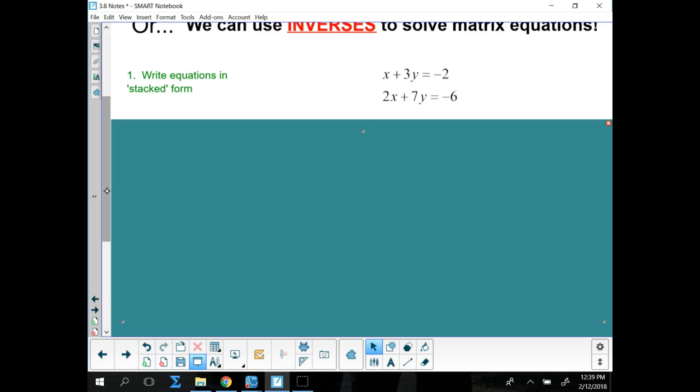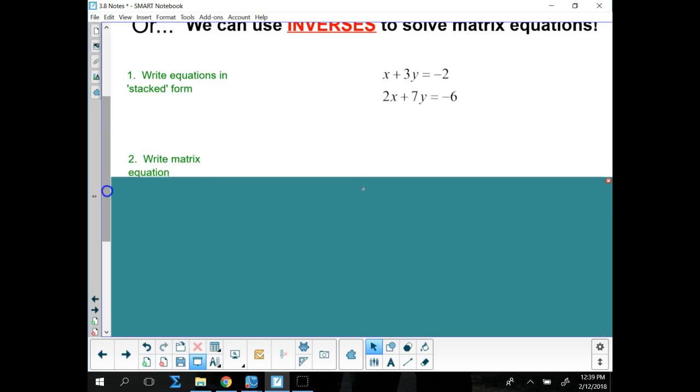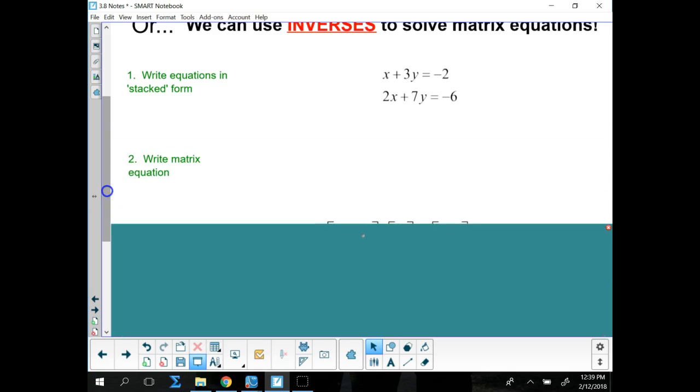Okay? So I'm going to write my equations in stacked form.